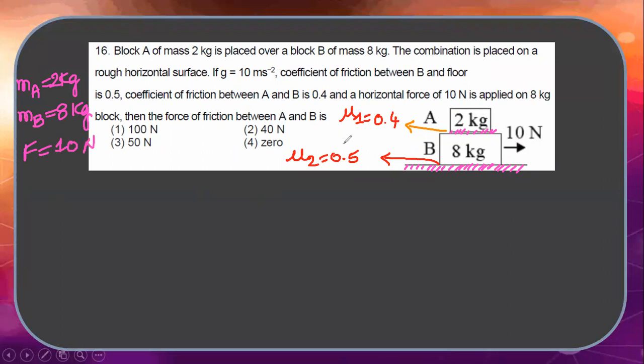Then what did they ask? What is the force of friction between A and B? They have asked it. So we will first see the frictional force between block B and the floor.